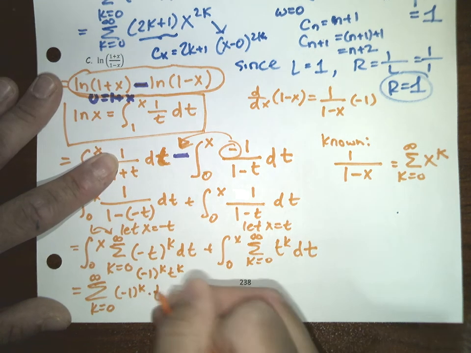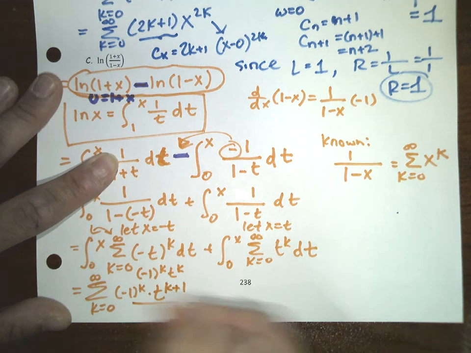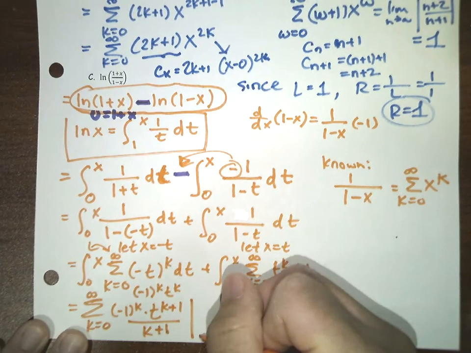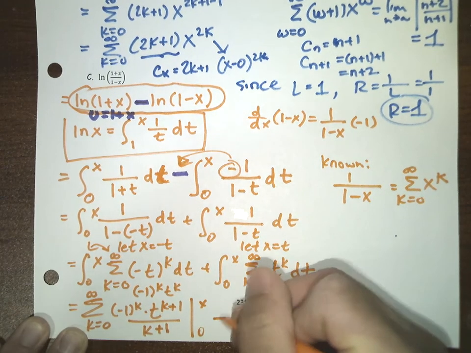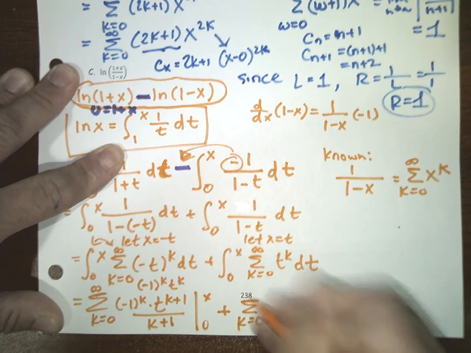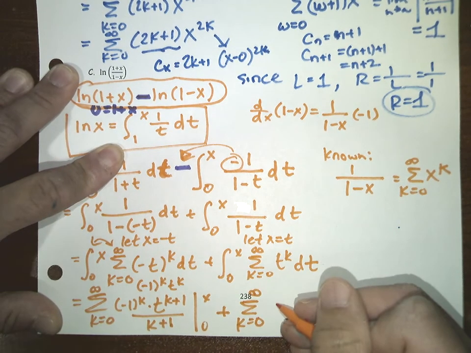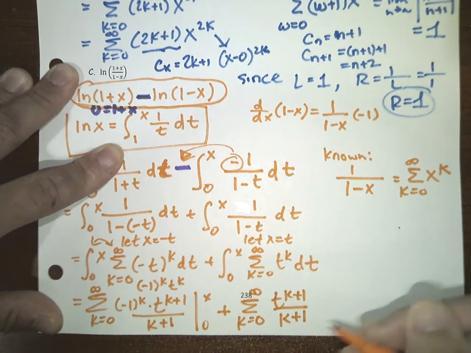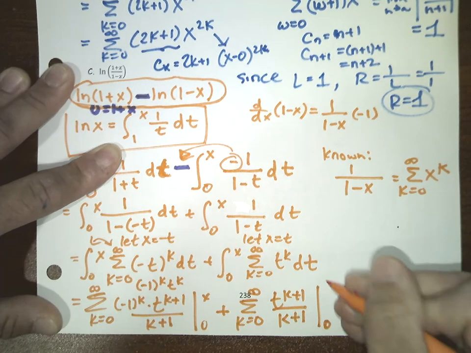So that will be t to the k plus 1 over k plus 1. And then I'm going to evaluate that from 0 to x, plus the sum k equals 0 to infinity of t to the k plus 1 over k plus 1, and evaluate that from 0 to x.